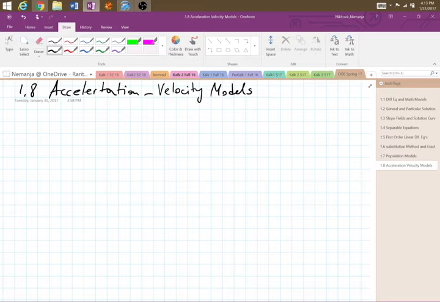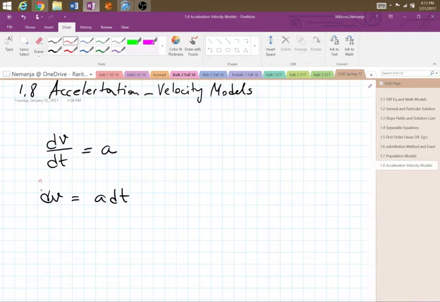So if we start with the fact that change in velocity over change in time is what we call acceleration, and we separate the variables and integrate both sides, we have that the velocity is equal to at plus some constant c.